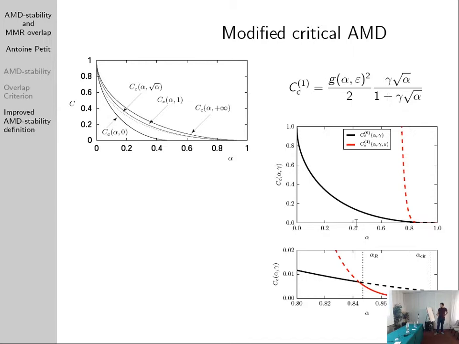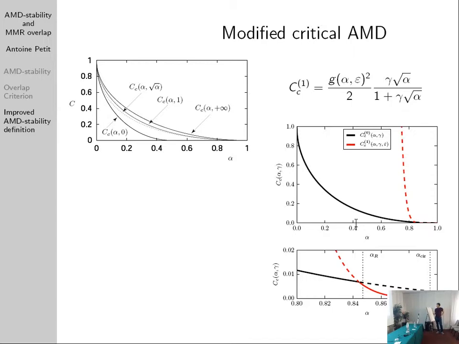So we have the collision critical AMD, and for alpha close to 1, we have another curve, and if we zoom, we see that this curve goes under the curve of the collision for values that are close to 1.